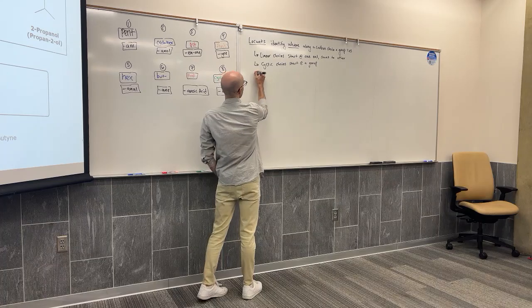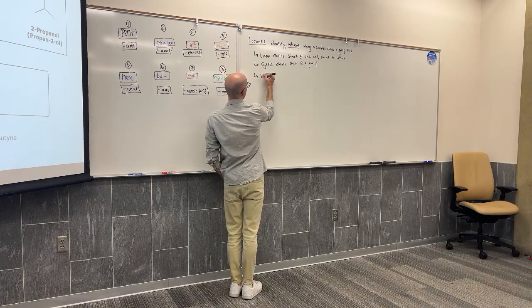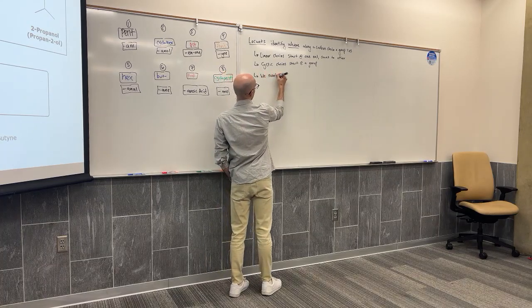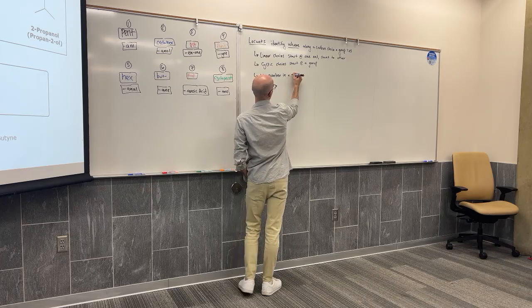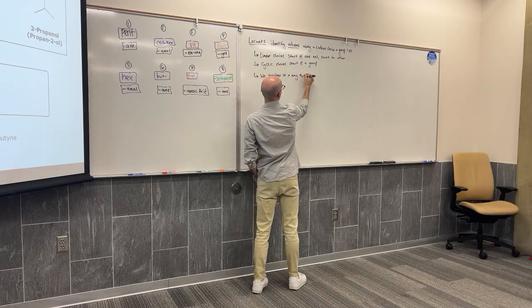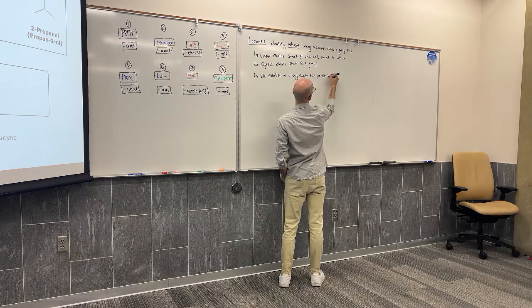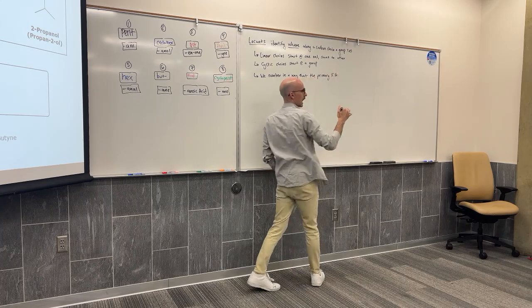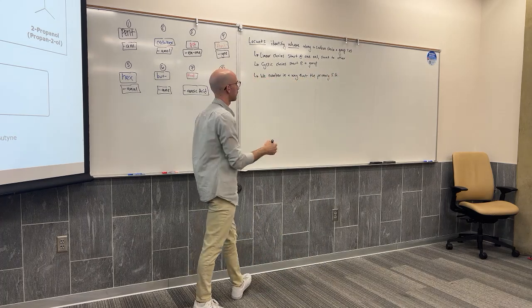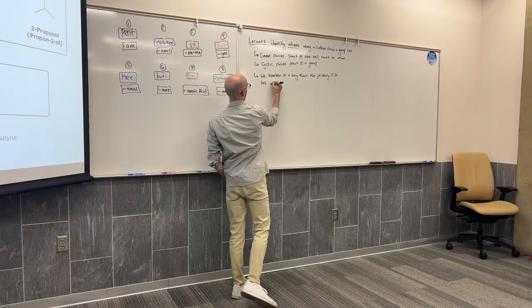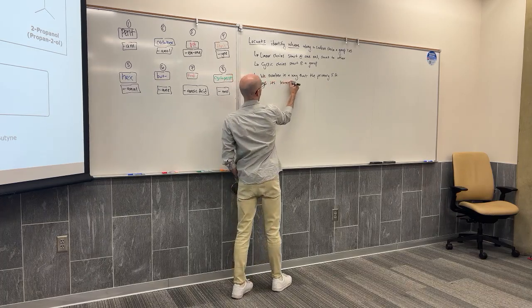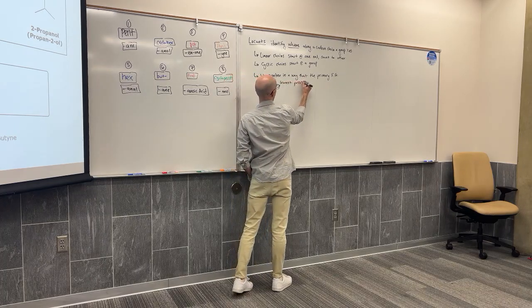And then the last thing to know is we number in such a way that the primary functional group, whatever that highest order functional group is, has its lowest possible locant.